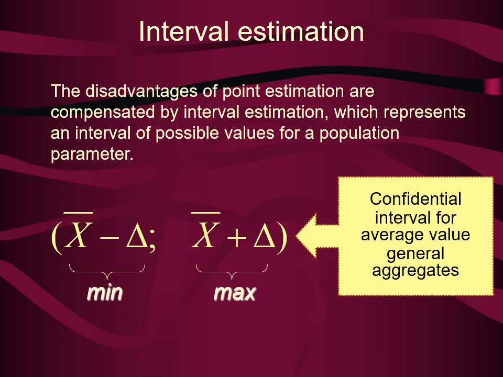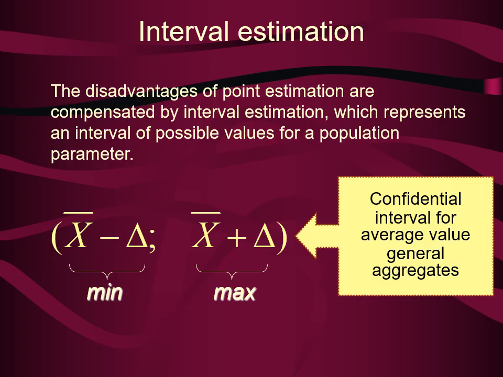The lower bound of the so-called confidence interval is set as the sample mean minus delta, and the upper bound is defined as the mean plus delta, of course. In general, the interval is called the confidence interval.